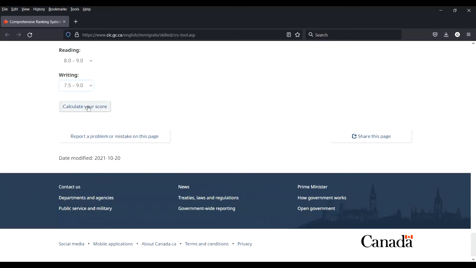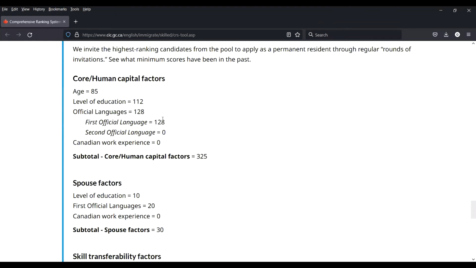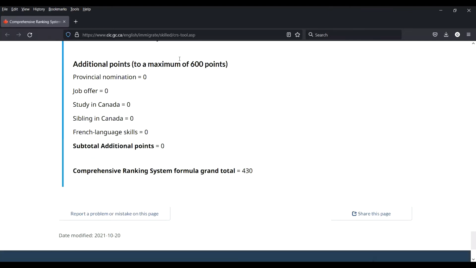So we can now click on this to calculate our score. In all of this, this is the result. With all our selections, the total CRS score for this candidate is 430.